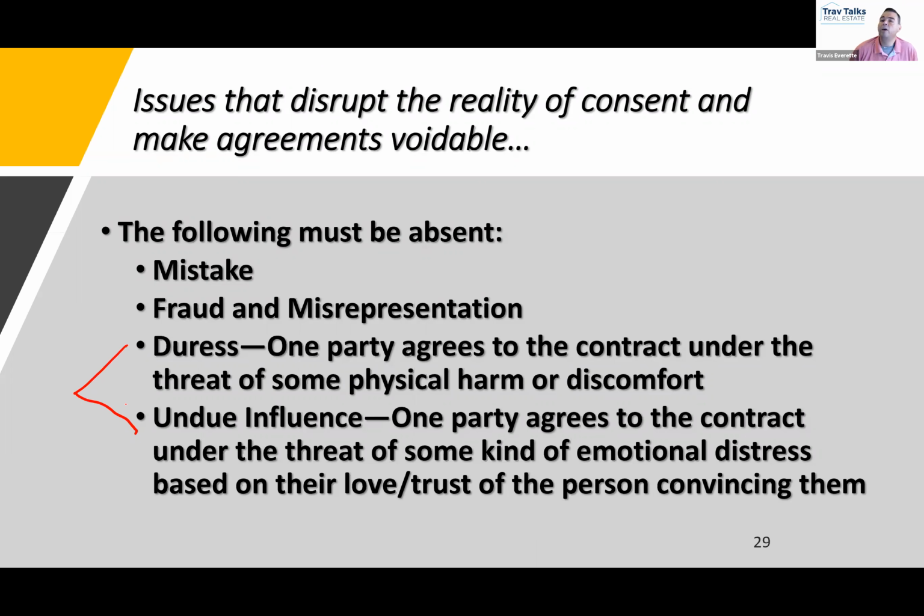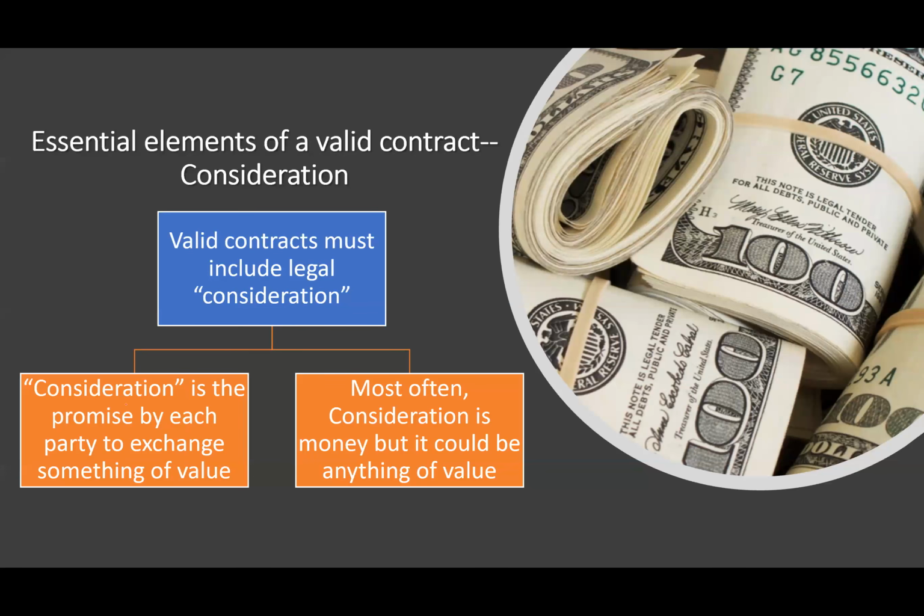You're using that emotional connection to this person to entice them into agreeing to the contract. So either one of those would prevent us from having a valid contract. Are we all good on those terms and the difference? Yes. Okay, good.